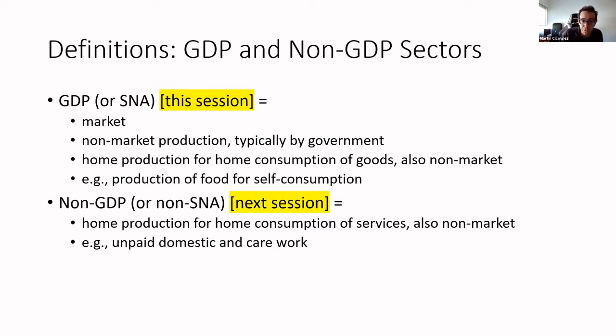What we are going to do is expand this simplest social accounting matrix that only covers GDP to cover the non-GDP economy, for example unpaid domestic and care work. That is not part of the GDP, so we are going to be expanding the system of national accounts.